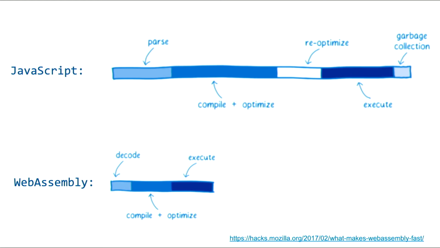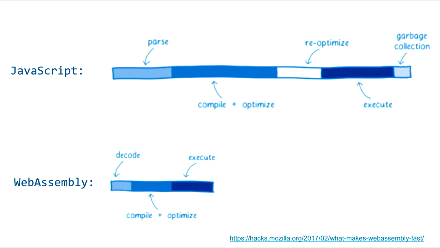Basically, when a browser goes to run JavaScript, it's going to parse out all the code that you wrote and create this abstract syntax tree and try to understand what your code is doing. And then it's going to compile and optimize it, and then it's going to re-optimize it because JavaScript might be slow. It's going to find the parts of your app that need to run really frequently, so it'll make those really fast. So there's all this overhead, and then you also have the garbage collector.